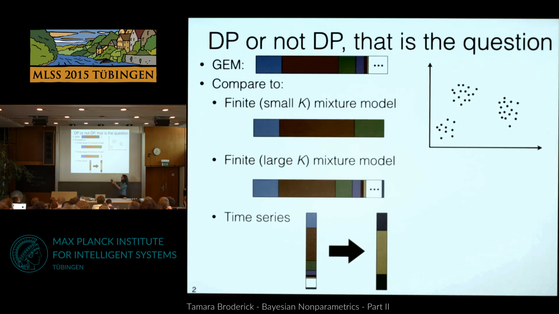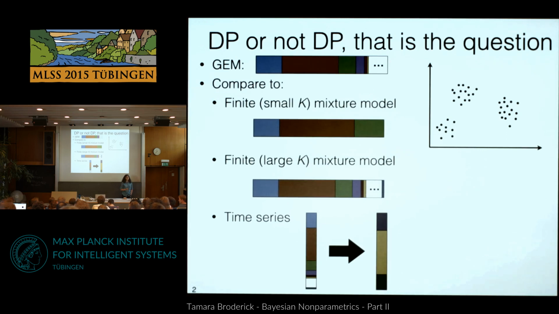And so there you might do something like some combination of time series and a GEM, but if you're using a GEM and all of your data is coming from a GEM, it's coming from a stationary, fixed set of probabilities across the data set. Any questions about the difference between these?